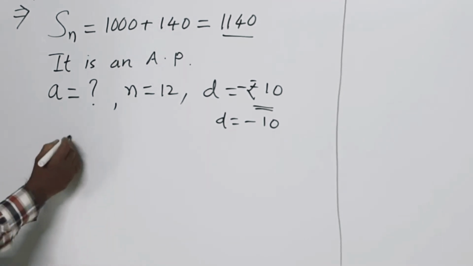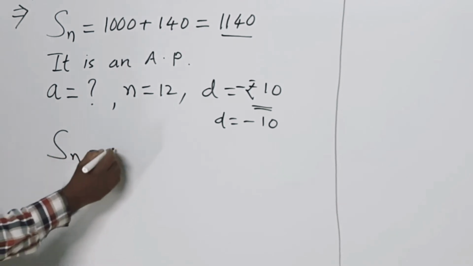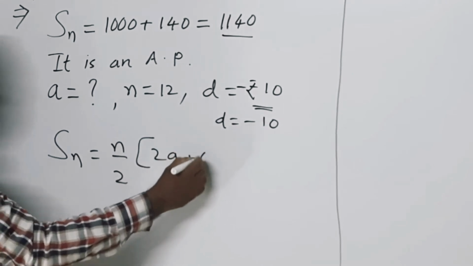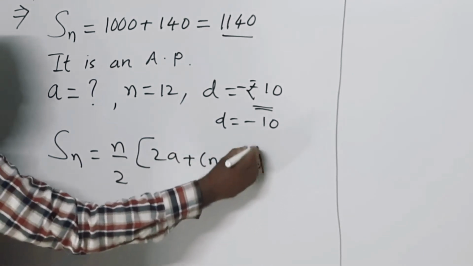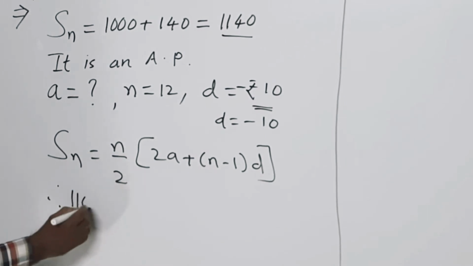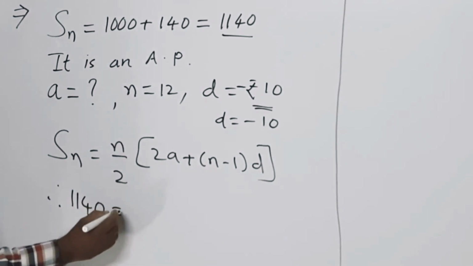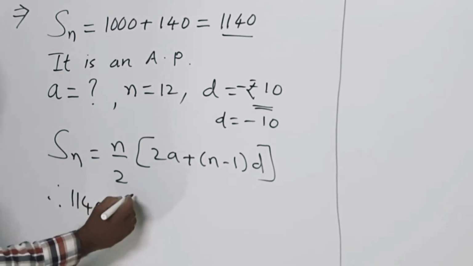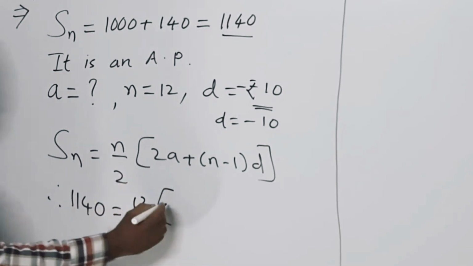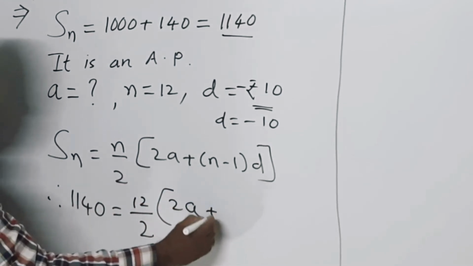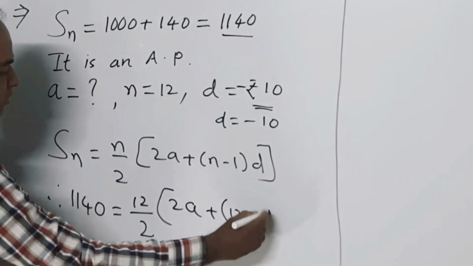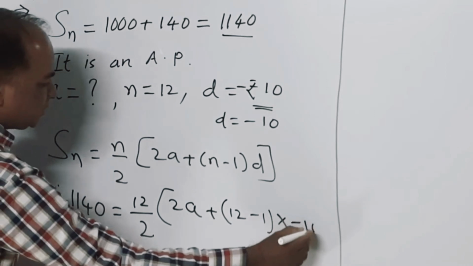So by the Sn formula, Sn is equal to n upon 2 into 2a plus n minus 1 into d. Therefore, 1140 is equal to 12 upon 2, in bracket 2a plus 12 minus 1 into d, which is minus 10.